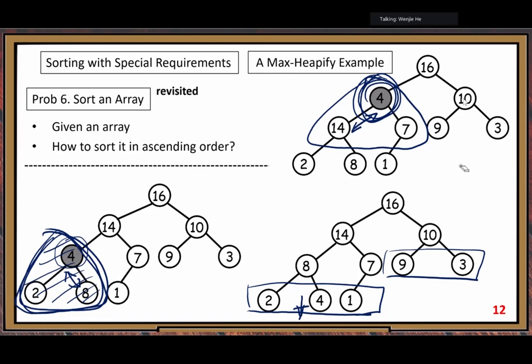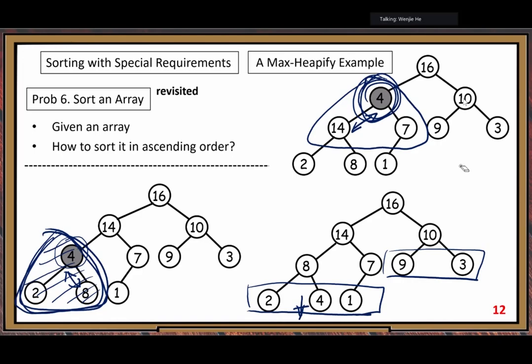After that, we need to add one special property to this heap data structure. We call it the max heap property. Max heap.